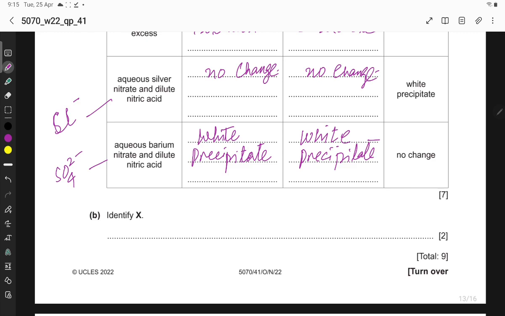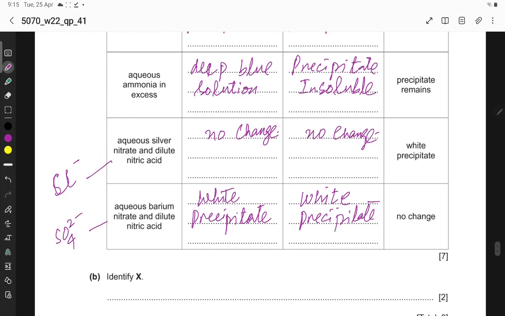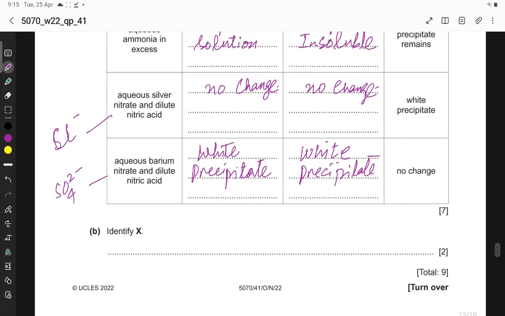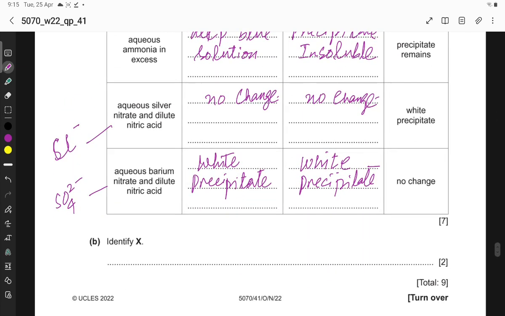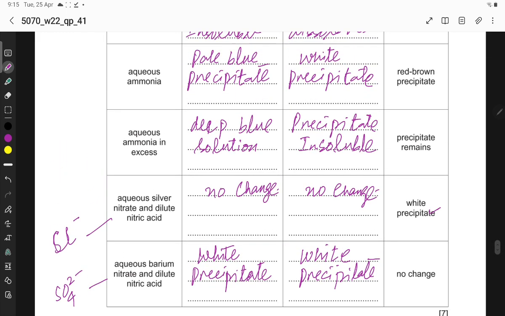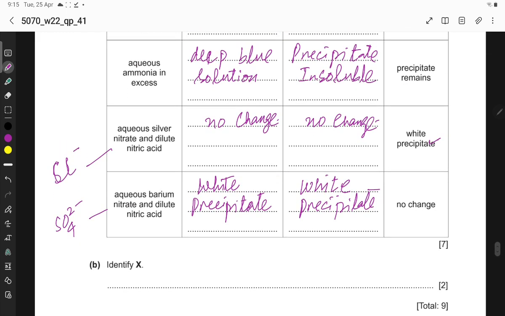So identify X. X is, because over here white precipitate, so this is the positive test of chloride ion. So this is red brown precipitate, and red brown precipitate is of iron 3.